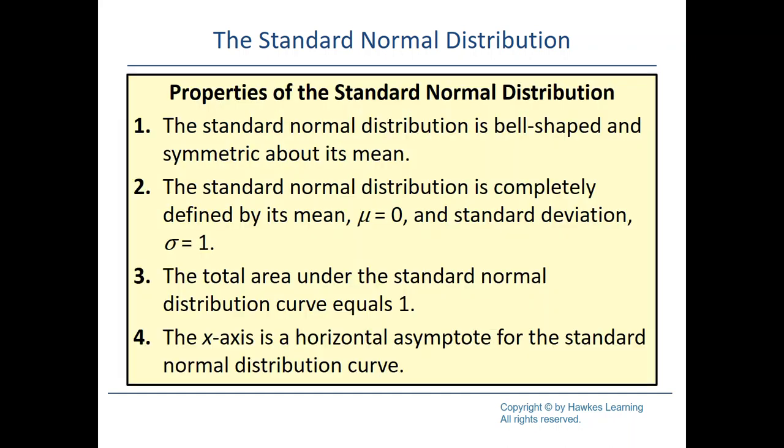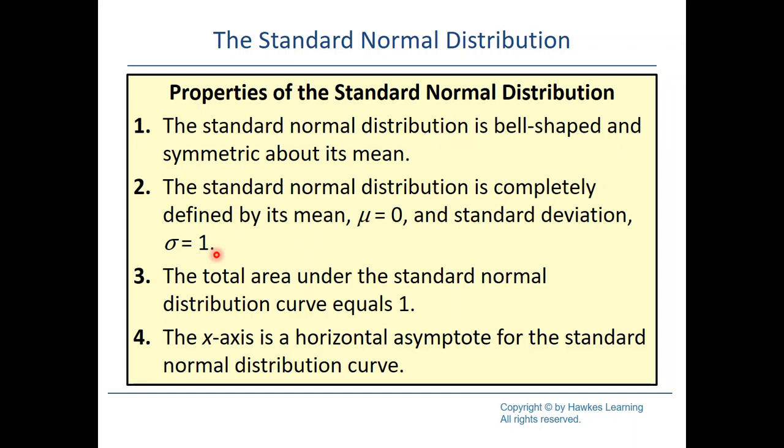Now, the keyword here is standardizing, making these all resituate and become one curve. A standard normal distribution is still normal in shape, which means it should have its bell shape and be symmetric about the mean. We are standardizing it, meaning we redefine the mean to be 0 and the standard deviation to be 1.